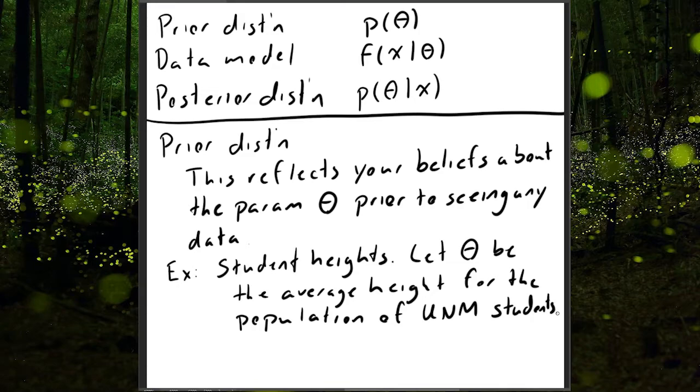And so obviously, if I'm going to look at a bunch of UNM students, if that's going to be my data X, then their height should depend on the average height for the population of UNM students.